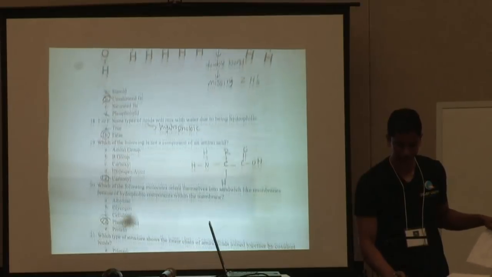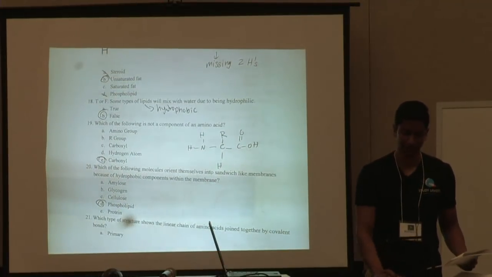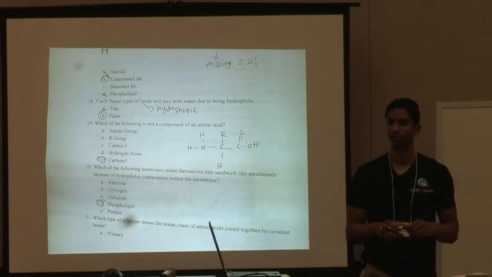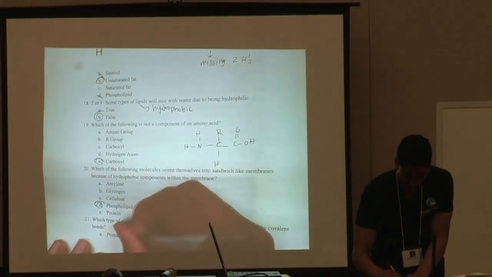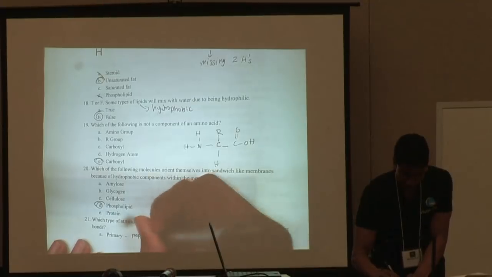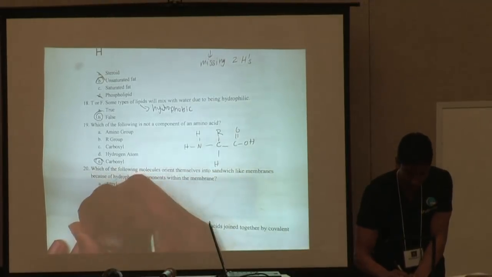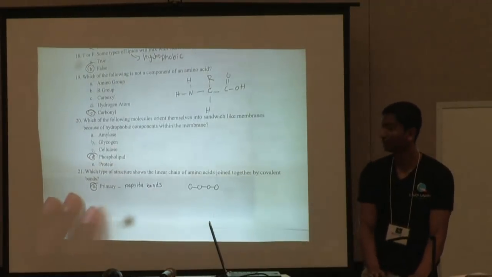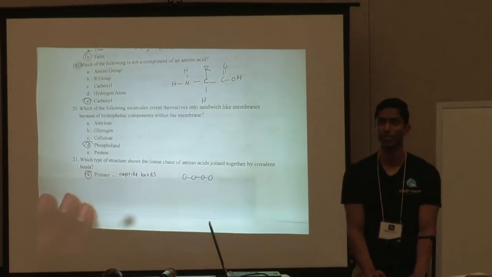What type of structure shows a linear chain of amino acids joined together by covalent bonds? The linear structure. Primary, right? They're linked by peptide bonds. They look kind of like that. Does that look familiar?